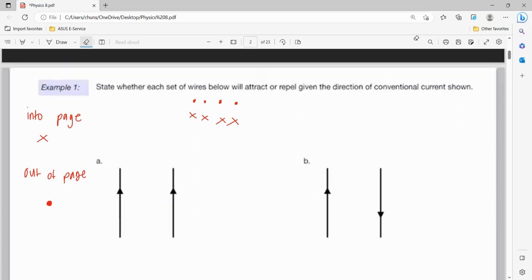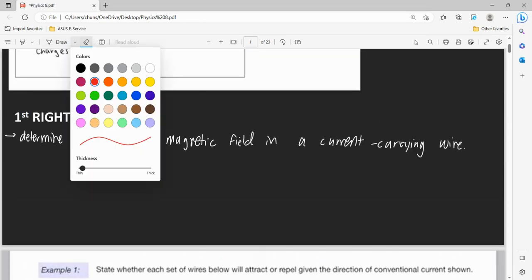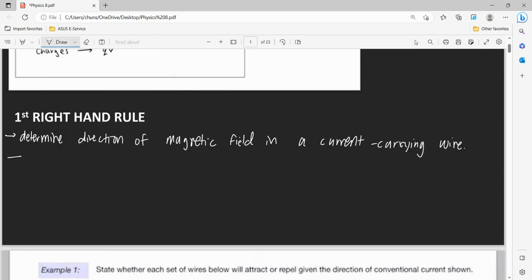So to use our right-hand rule, I'm just going to come back up to this part here. You're going to point your right thumb with current flow, and then you're going to curl your fingers around.